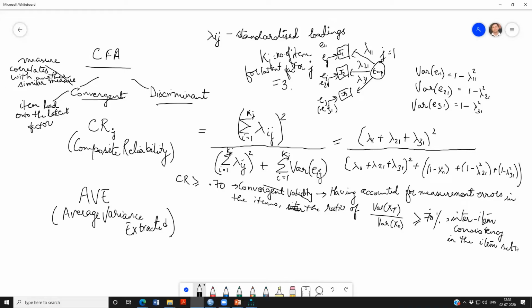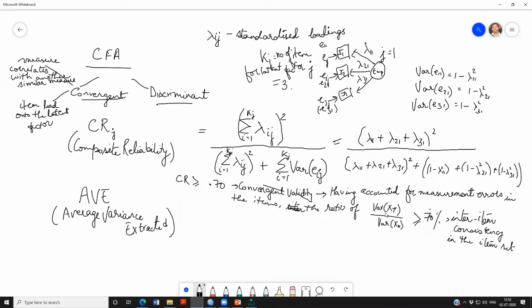So this is called composite reliability. Having accounted for measurement error, I am still proving that there is inter-item consistency of more than 0.7, and the variance accounted is more than 0.7. The ratio of x true to x observed.